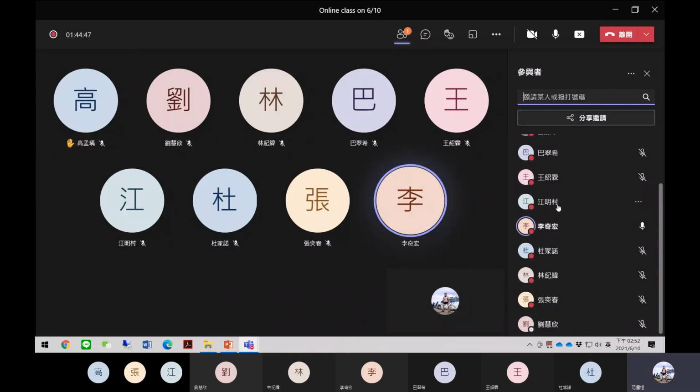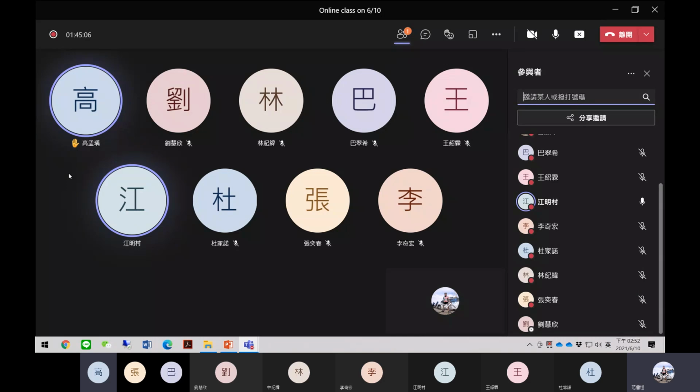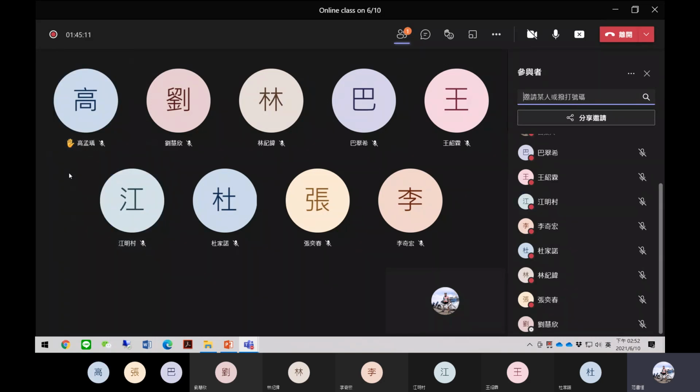And Minchun, right? Are you going to present next week? Okay. Do I remember you correctly? And Meng Yu, right? Yes. Okay, cool. Those 5 persons are going to present next week.